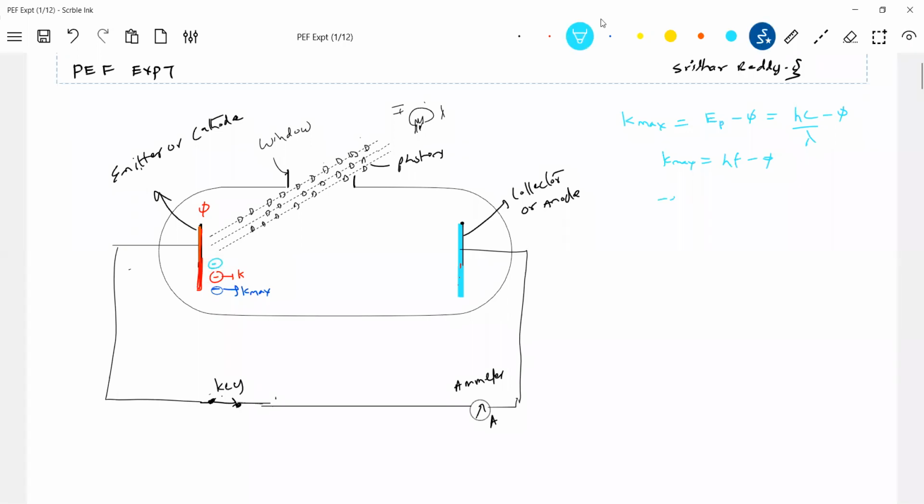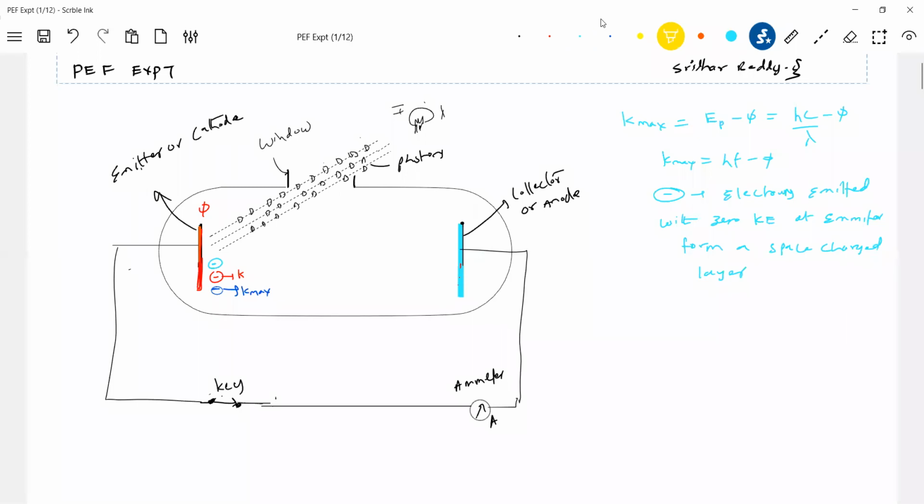So these electrons emitted with zero kinetic energy at the emitter form a space charged layer.